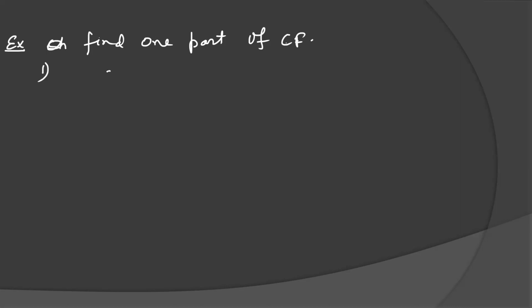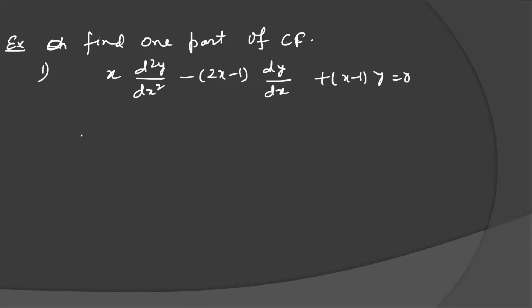First problem is x d2y by dx2 minus 2x minus 1 dy by dx plus x minus 1 y equal to 0. Okay, try this problem. Let's see, I'm going to solve it for you.